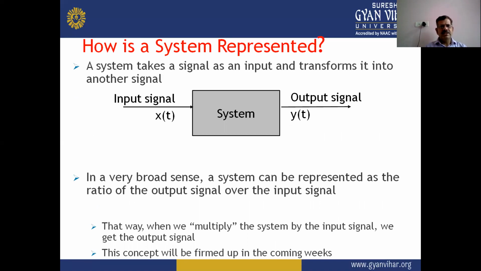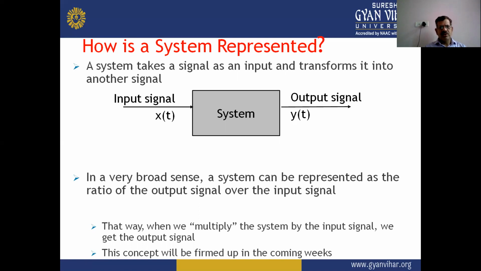Next, how is a system represented? A system takes a signal as an input and transforms it into another signal. The input signal is x(t) and the output signal is y(t). So the system transforms the input signal into the output signal.